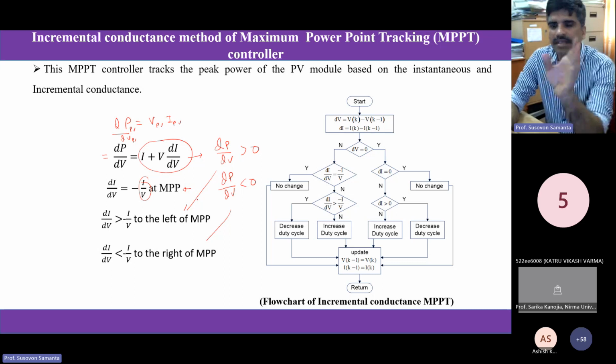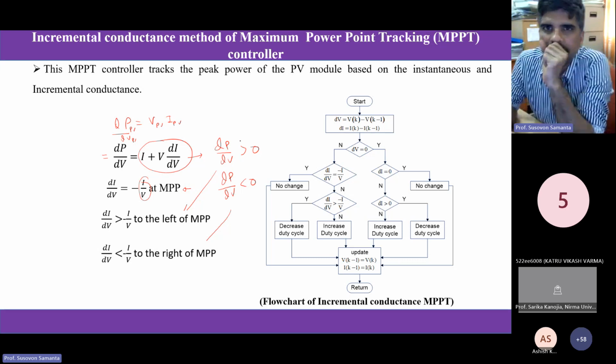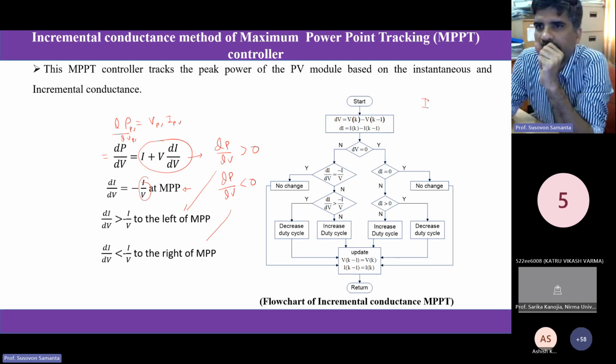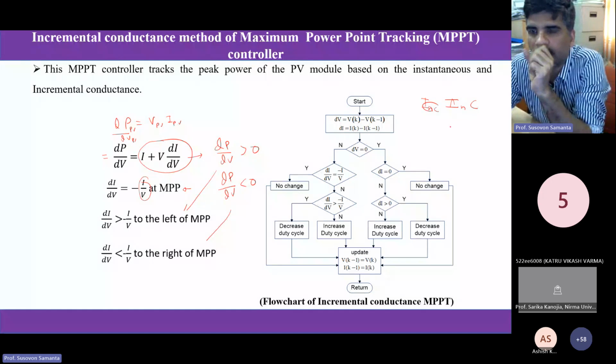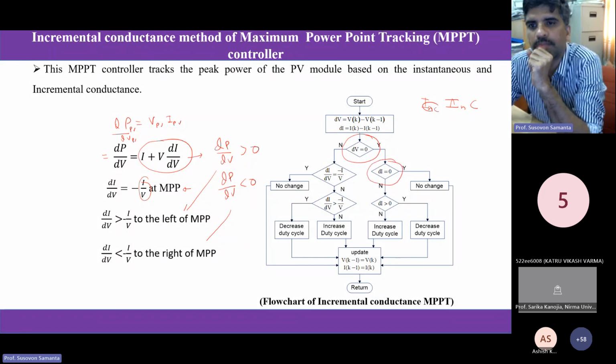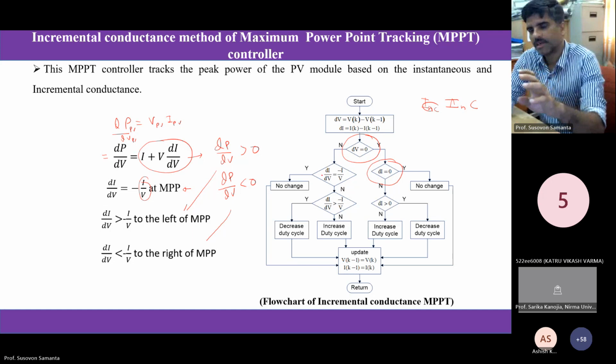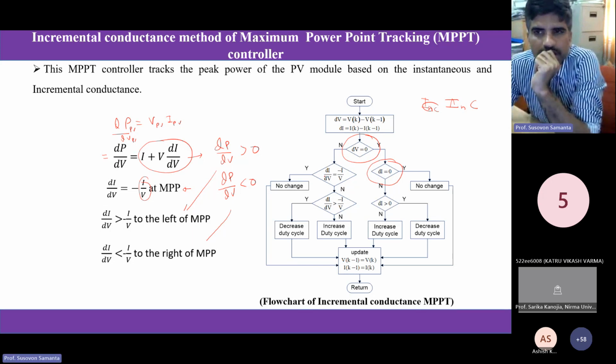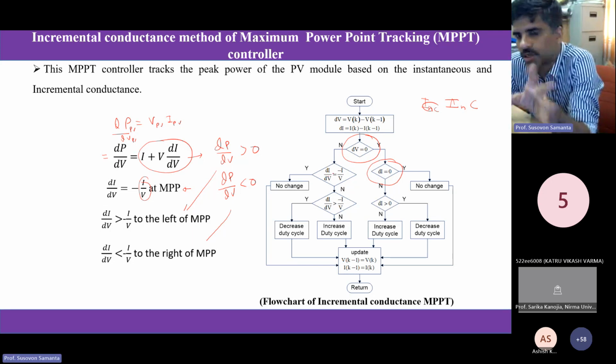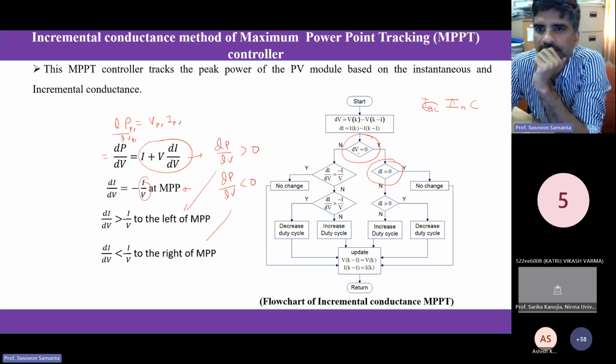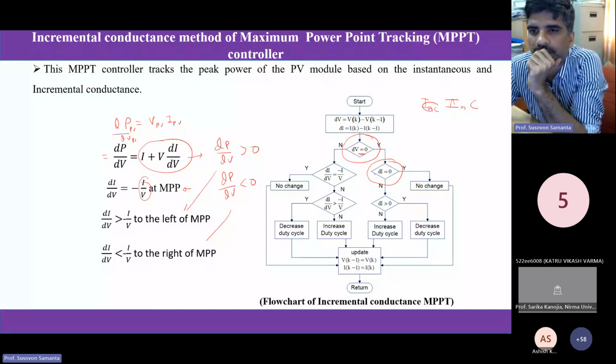Now, it is claimed in the literature previously that INC is better than P&O. Why? Because there are two extra checking conditions in the INC that were not there in the P&O. And what are these two extra checking conditions doing? Suppose, for example, you have dV equal to 0 and dI equal to 0.